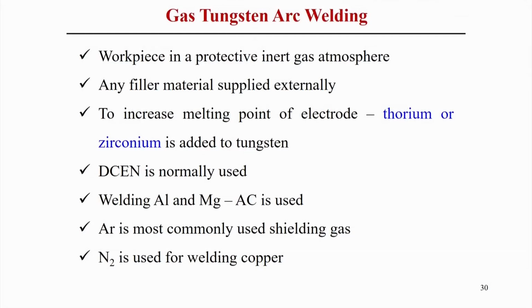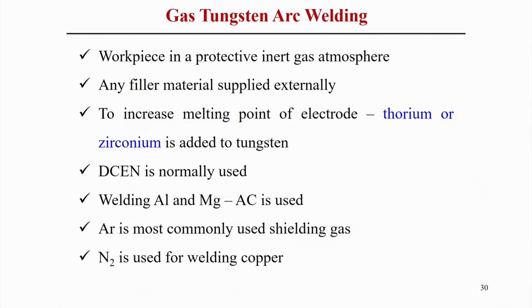In this case we generally use a 2% thoriated tungsten electrode in gas tungsten arc welding, because the melting point of this material is very high, so it reduces the wear or melting of the electrode at very high temperature.